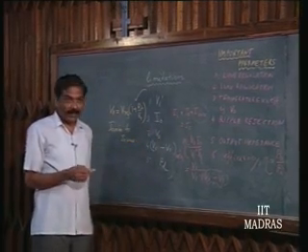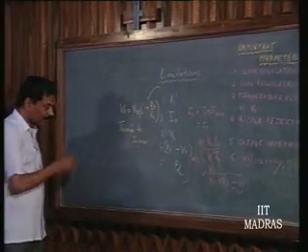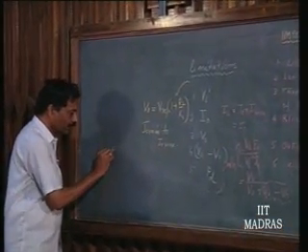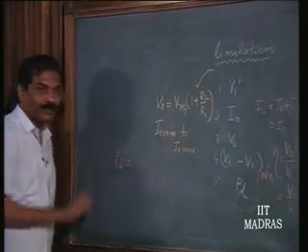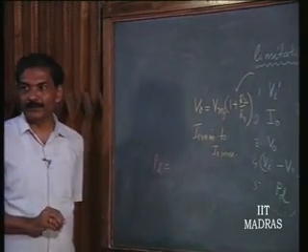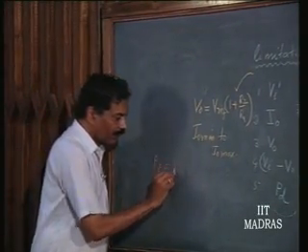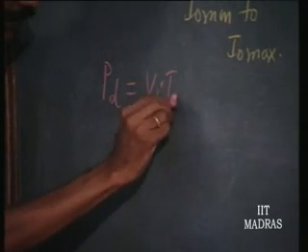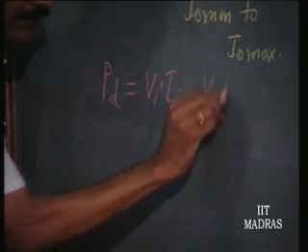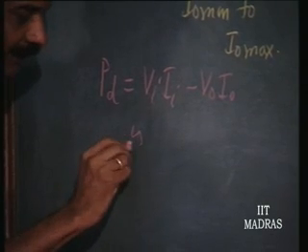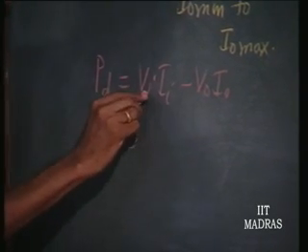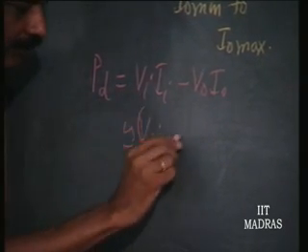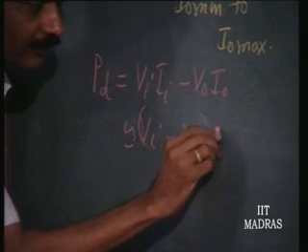Yes. What happens is, let us consider the power dissipated in the IC. What is the power dissipated in the IC? Vi II minus V naught I naught, and we said this is very close to Vi minus V naught into I naught.